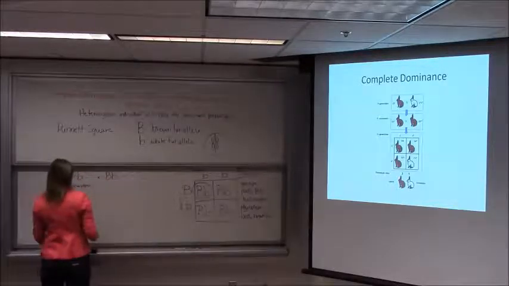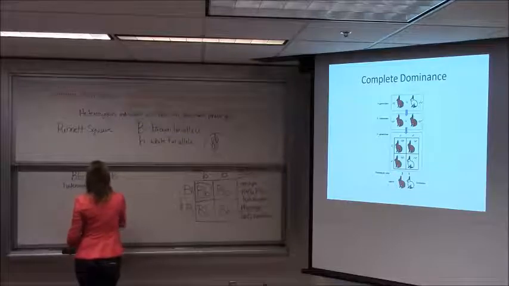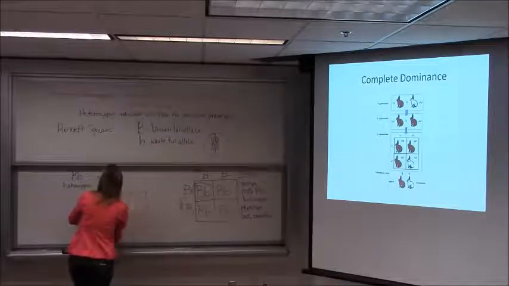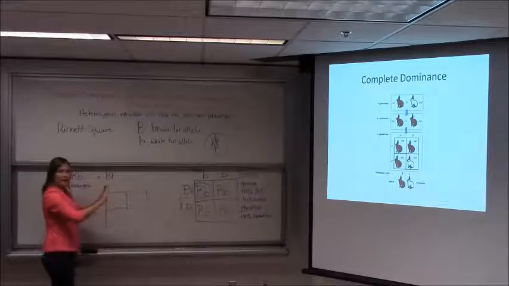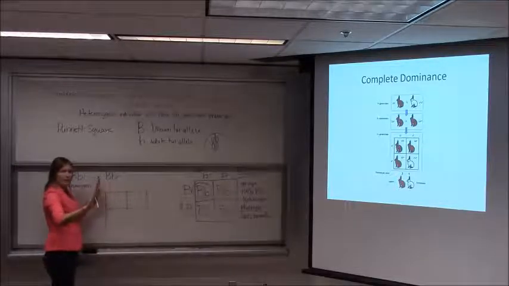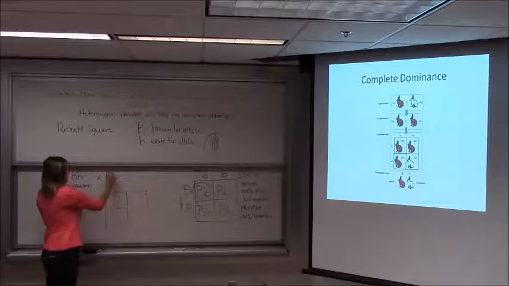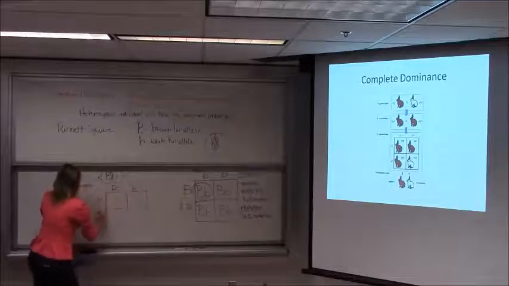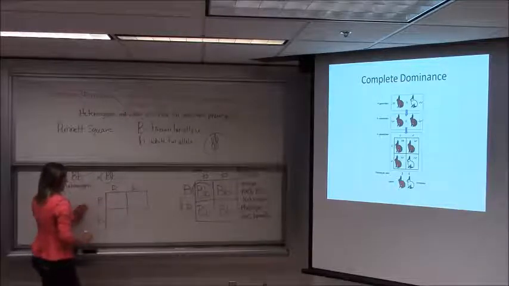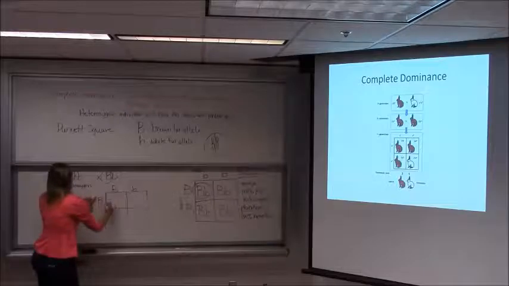Let's look at that Punnett square. Same thing. These alleles split up when that homologous pair separates in meiosis 1. So half the gametes are going to be big B and half are going to be little b. Doesn't matter which parent we put on the top or on the side. Now let's look at our offspring. Big B, big B.